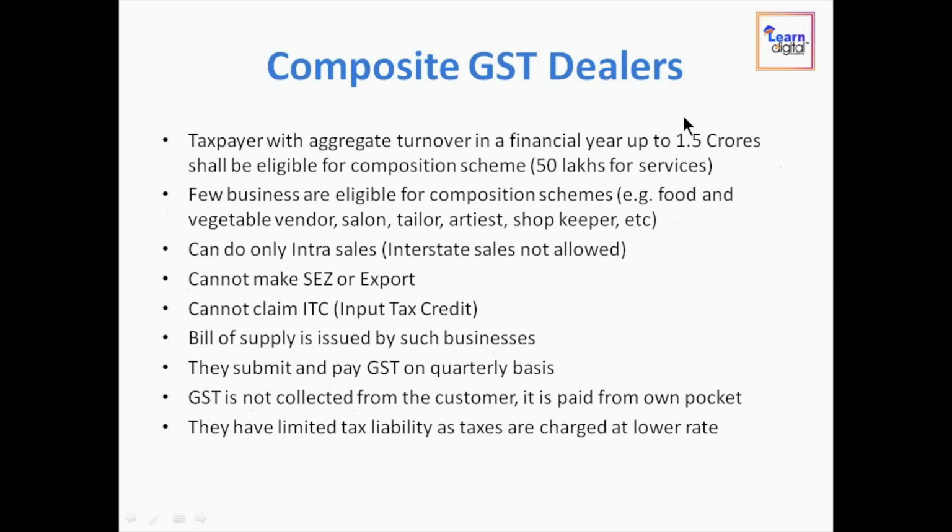Now about the composition dealers. A taxpayer with aggregate turnover in a financial year up to 1.5 crores shall be eligible for the composition scheme. If the turnover of goods sold in a financial year is within 1.5 crores, then the business can go for the composition scheme.